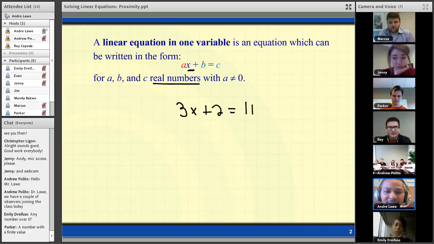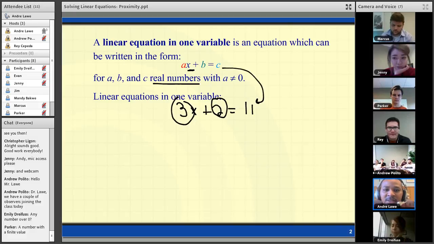In this form, our a would be 3, our b would be 2, and our c would be 11, okay?